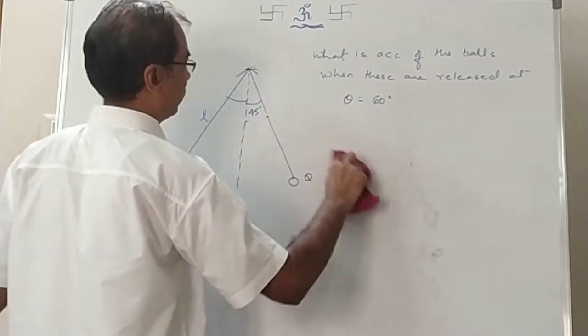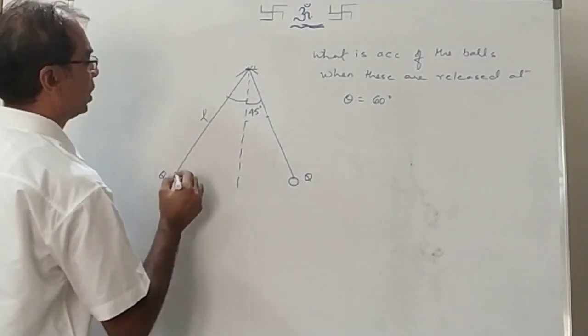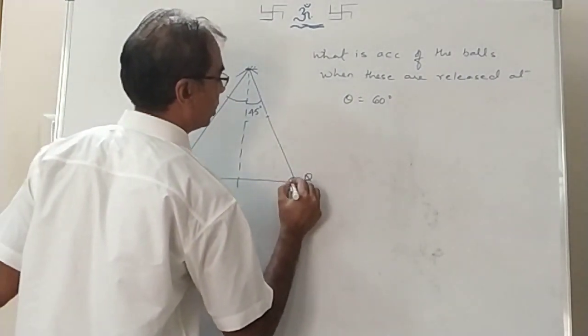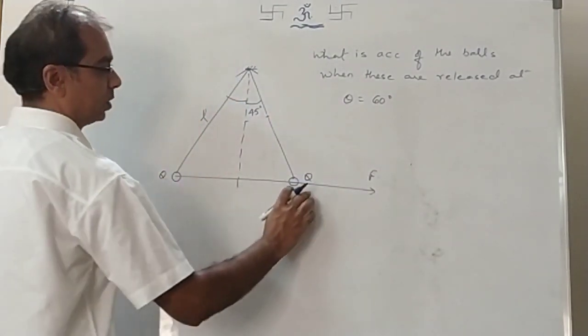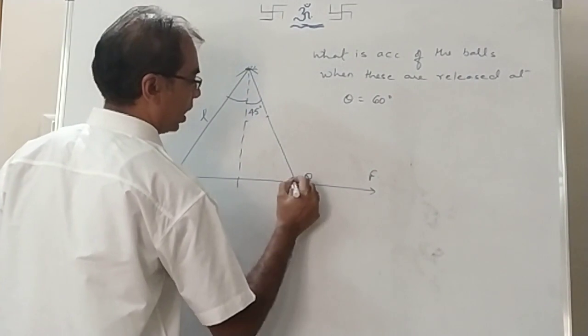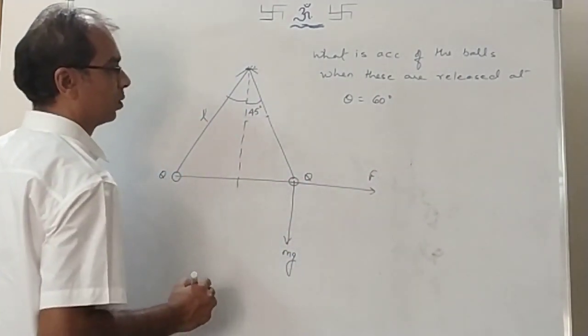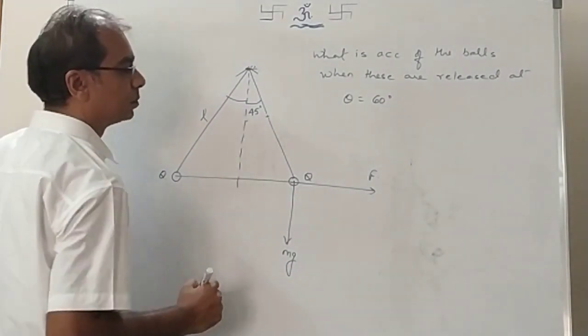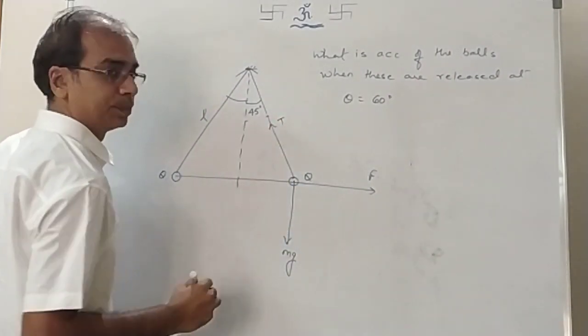Now, let's concentrate on this ball only. There is a repulsive force between the two, and there is a gravitational force also. Obviously there is a tension acting.